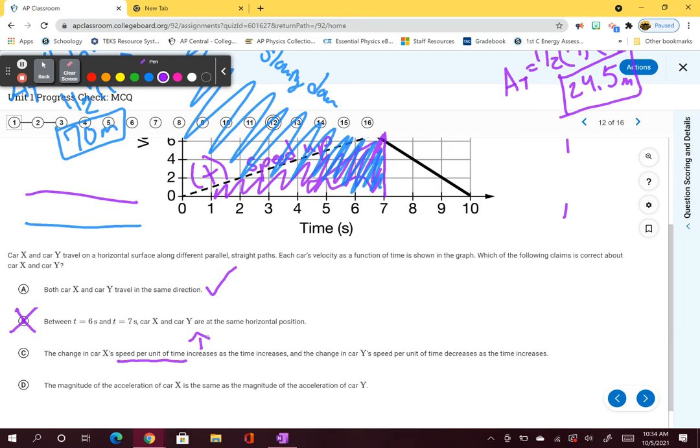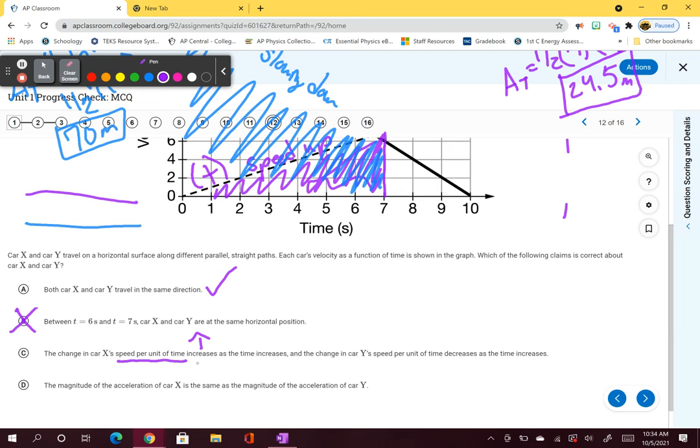So that's saying that at each second, your velocity increases as time increases. Basically, it's saying that your acceleration is increasing, not that your acceleration is constant.